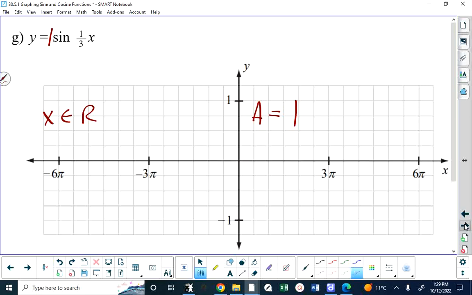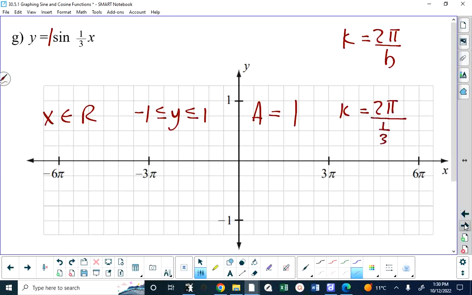Since the amplitude is 1, the range is from -1 to 1. And the period is 2 pi over b, which is 2 pi over 1/3. And if I multiply the top and the bottom of this fraction by 3, I get 6 pi, which if you think about for a minute should make sense.